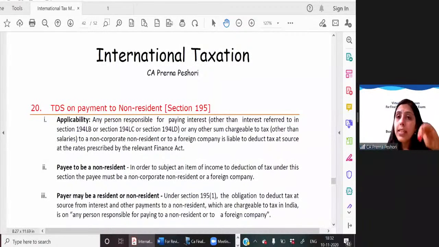So these are some of the special rates which are given under the Act itself, right? Those are prescribed in the Finance Act also, and which are specifically laid down under the Income Tax Act. So if there are specific sections which provide for specific tax rate like 115A, which provided for interest, royalties, FTS, then that rate will be applicable. If not, then the rates under the Finance Act which are generally applicable to individual, which are the slab rates. Clear? Or rate applicable to foreign companies, 40%. Clear? So that will be the rate which will be applied, or another rate which would be applied is the rates specified under the double tax avoidance agreement.